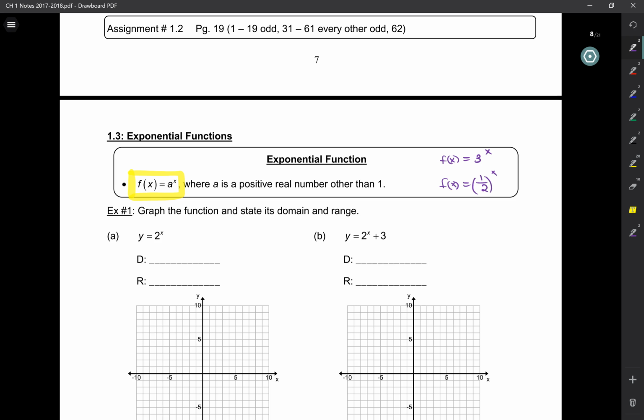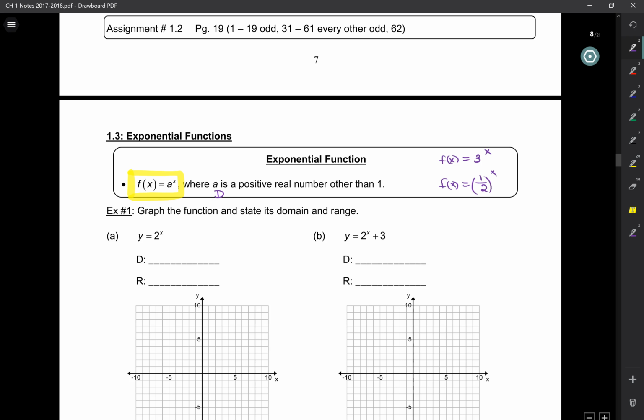Now, I have a little secret for you. Don't share this with anybody, okay? The domain for all exponential functions is always all reals, okay? So, domain, always all reals.